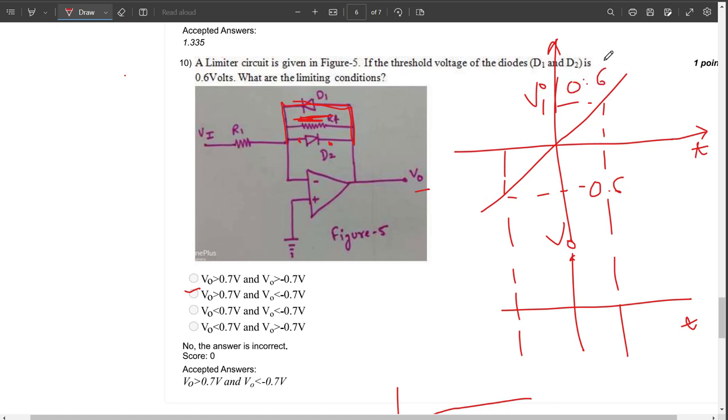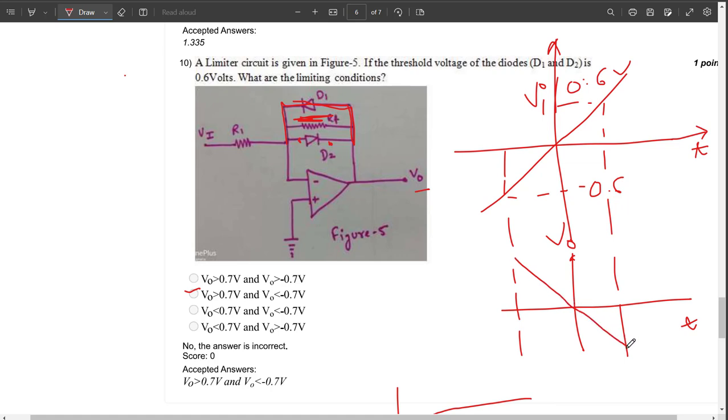See, this is 0.6 volts, and this is minus 0.6 volts. So one thing which is happening is, it is getting inverted.